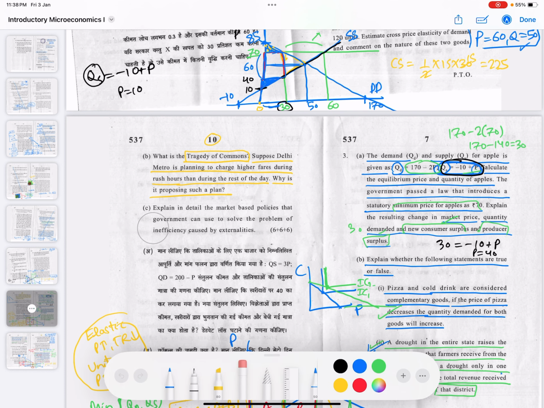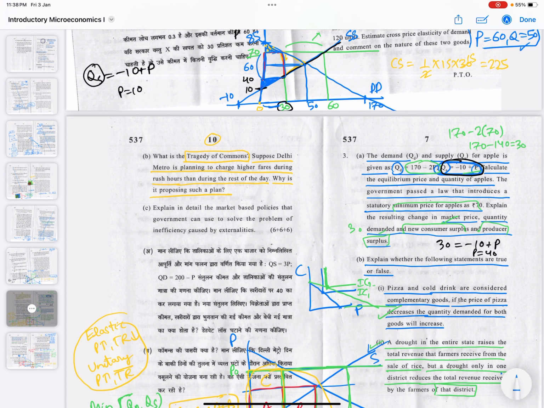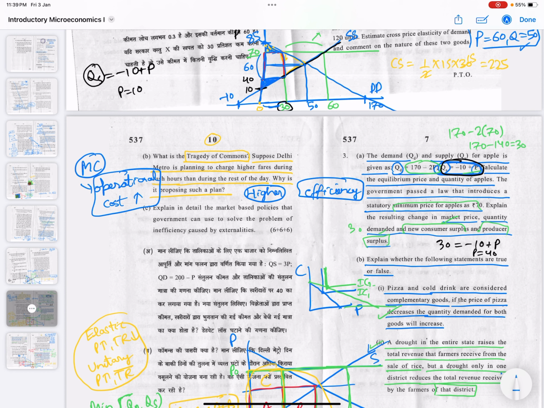I guess monopoly is not part of your syllabus, but it happens because the marginal cost during the rush hours, that is the operational cost, increases. So they need to charge higher fares to ensure that there is efficiency in the market. Because the cost is increasing, you must know this principle, and the second condition is that MC should be greater than MR. The profit is maximized. So if the marginal cost is increasing, you need to increase the marginal revenue as well, so as to make sure that there is efficiency in the market.